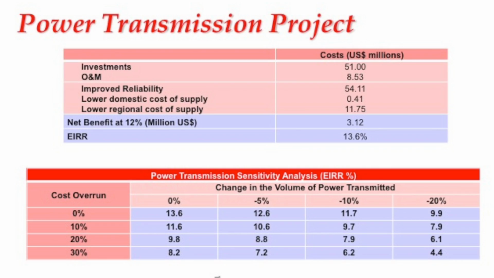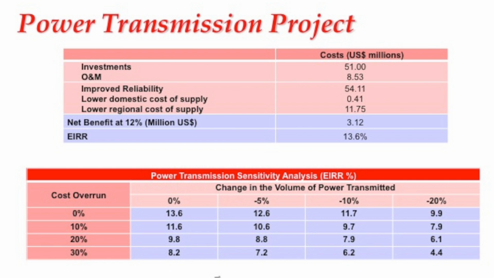Sensitivity analysis, same sort of thing we apply. You can see here, assuming we increase our costs by 10, 20, 30%, or we reduce our volume of power transmitted by 5, 10, 20%, what will be the impact on the economic rate of return? In the base case, where there is no change, 0 and 0, it is 13.6.